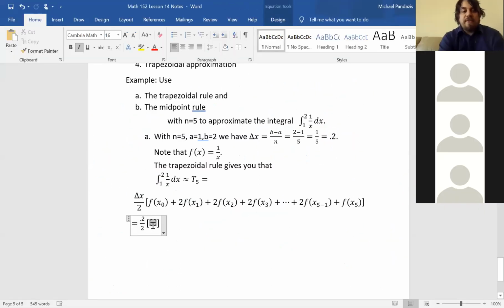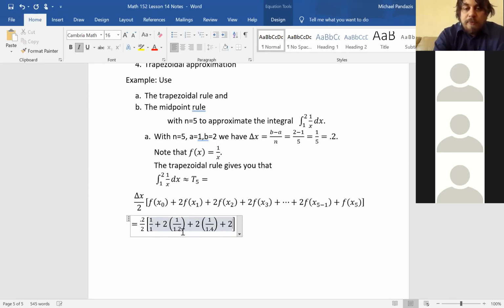Okay, so f of x naught, just plugging in, was 1. This is plus 2 times f of x1, which is 1 over 1.2. If it helps you visualize it better, I could put this is 1 over 1, which is 1. That's f of x naught. This is 2 times 1 over 1.2. The next one is 2 times 1 over 1.4.